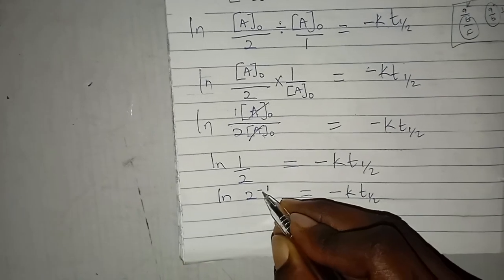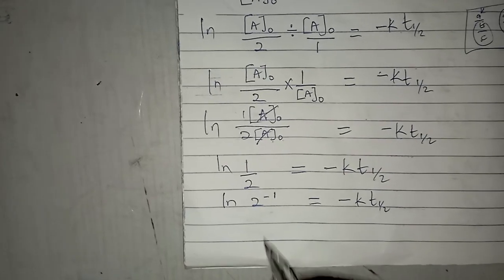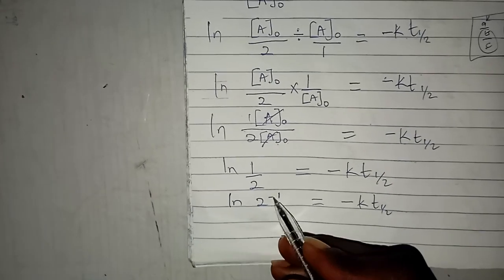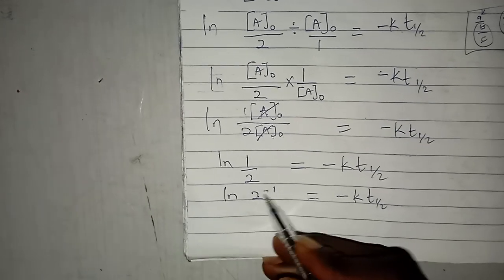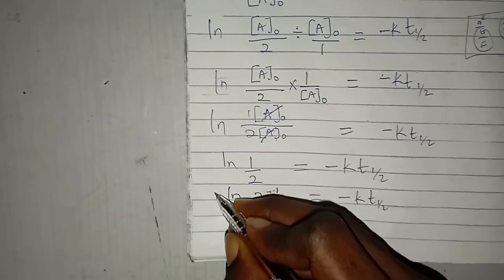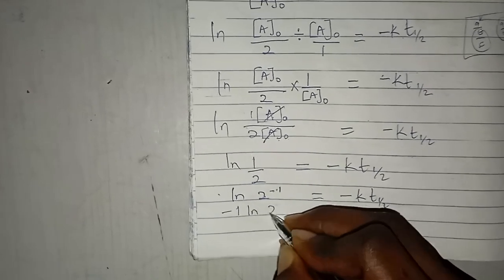The reason is indices. Anytime 1 is the numerator, it means that it's raised to a negative power. So logarithm says that if you have the log of a number or a variable raised to a power, that power can come and multiply. So this is minus 1 ln 2.